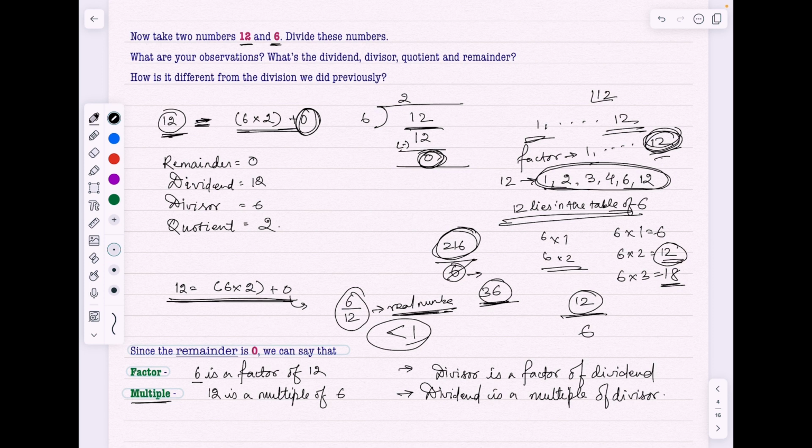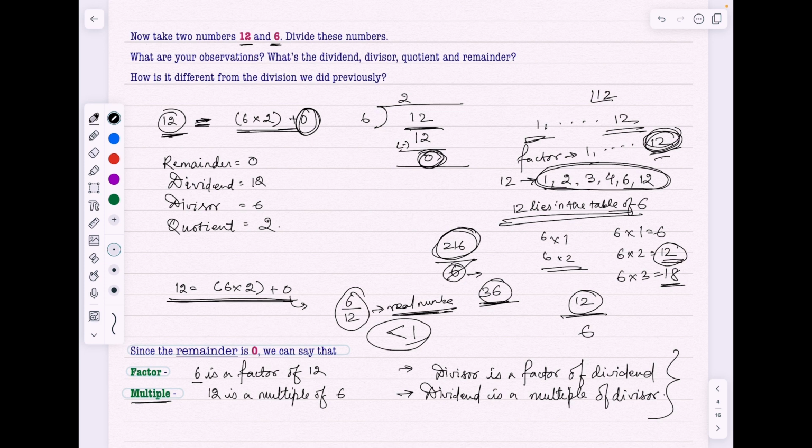Okay, so here only two things can happen. The divisor is a factor of the dividend. That means the dividend is some multiple of the divisor. Okay, we can multiply the divisor some number of times to get the dividend.